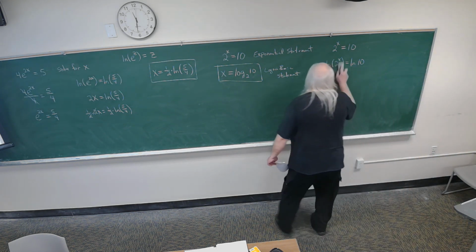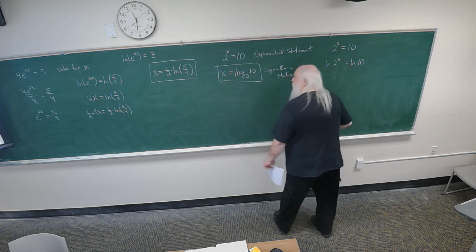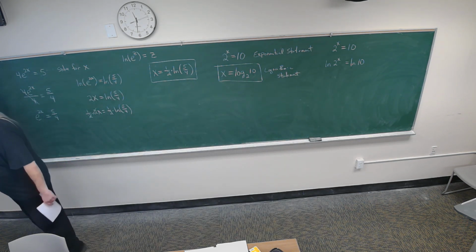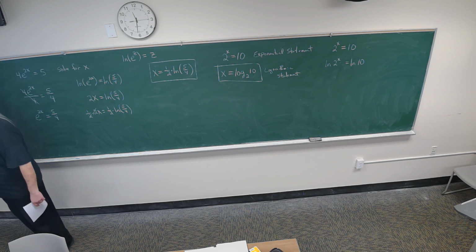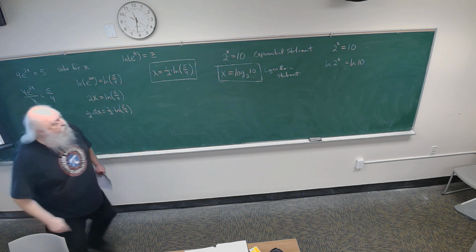So, instead of putting parentheses around it, I can just write it natural log of 2 to the x to be consistent with what I have typed here, okay? So my m in this case is 2, and my c is x, so I can bring the x down from the natural log.